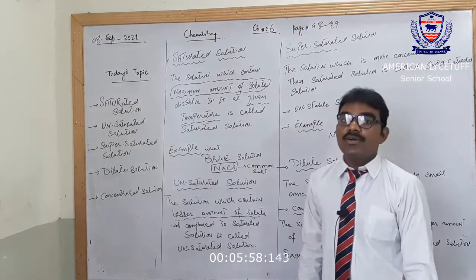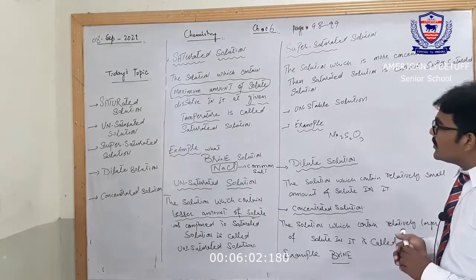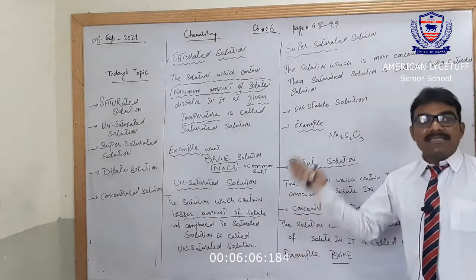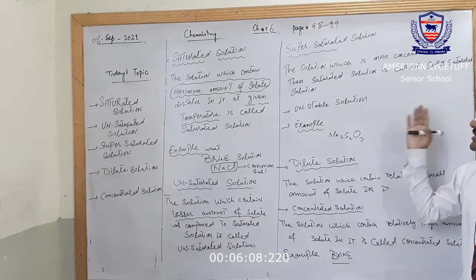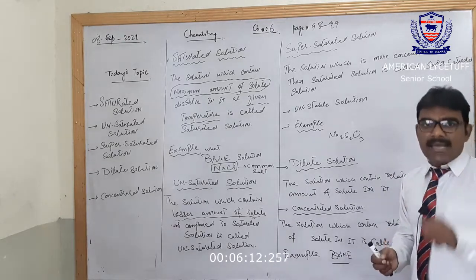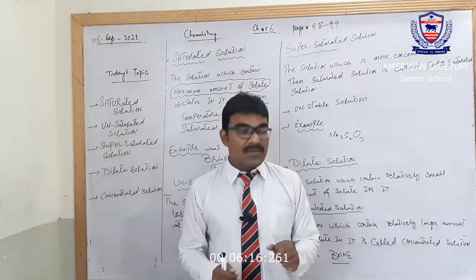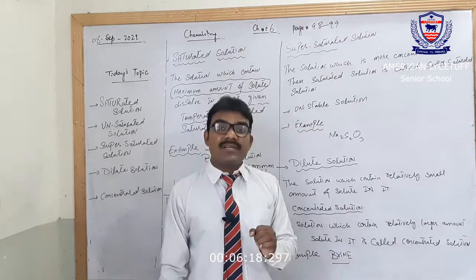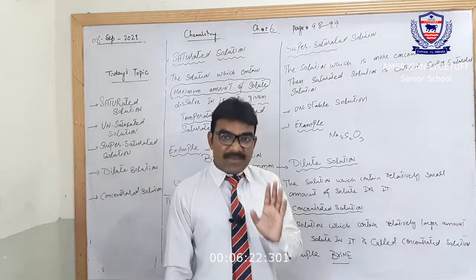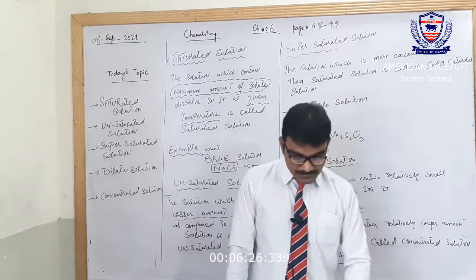Now move forward toward the supersaturated solution. The solution which is more concentrated than the saturated solution is known as supersaturated solution. Take an example. Again, it is a very common example used in daily life. The example of the supersaturated solution is shira, which is used in the formation of jalebi, a common sweet used in Pakistan.